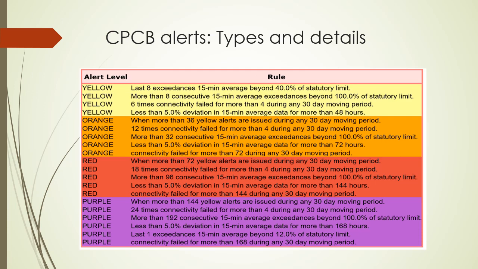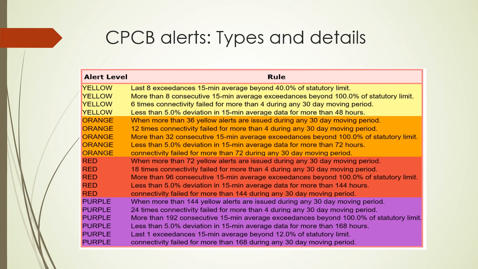Similarly, if I go to red, when more than 72 alerts are issued, so you can see the criticality, right? On each alert, there are certain actions that the organization needs to take, and there are certain notifications which we will receive from CPCB, that I'll discuss in the upcoming slide.